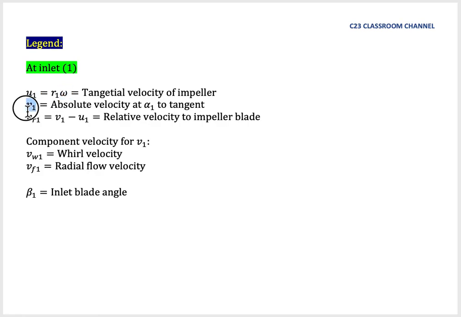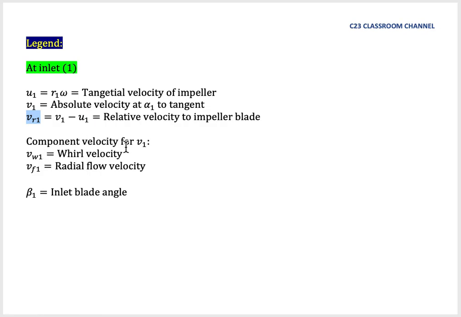V1 is called the absolute velocity, at angle alpha 1 to the tangent. VR1 is the relative velocity to the impeller blade. It can also be calculated as V1 minus U1 according to the vector calculation here.